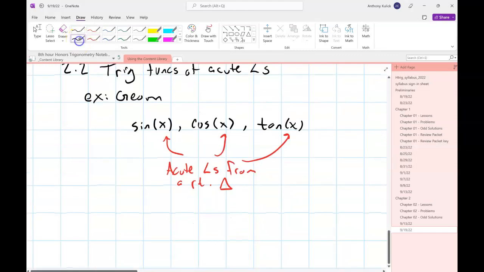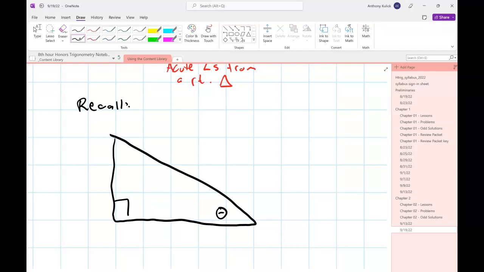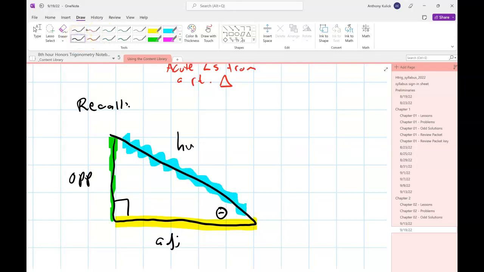Okay, so let's just say that I have some nice friendly right triangle. So that is a lumpy looking triangle. Call this angle here theta. Relative to that angle theta, this side in yellow we would call adjacent. And this side in green we'll call opposite. And this side in blue we'll call hypotenuse.